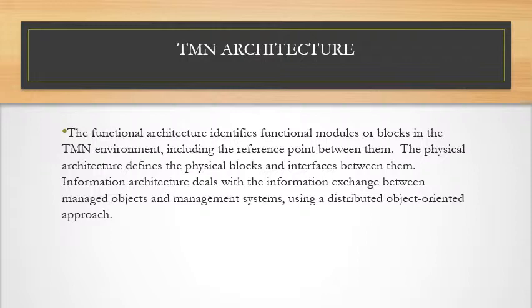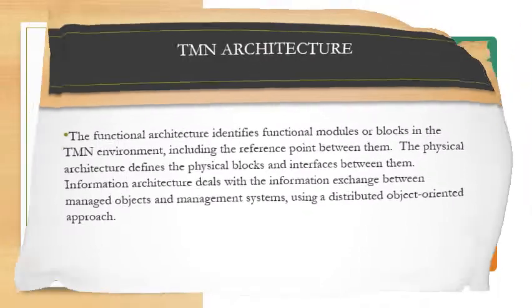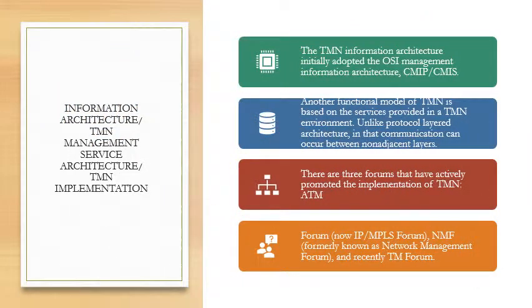Information architecture deals with the information exchange between managed object and management system using a distributed object-oriented approach. The TMN information architecture initially adopted the OSI Management Information Architecture, CMIS. Another functional model of TMN is based on the services provided in a TMN environment, unlike protocol layer architecture, in that communication can occur between non-adjacent layers.